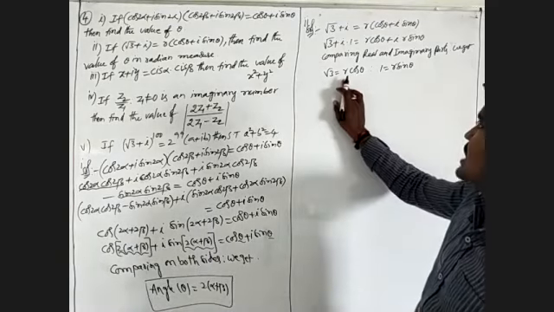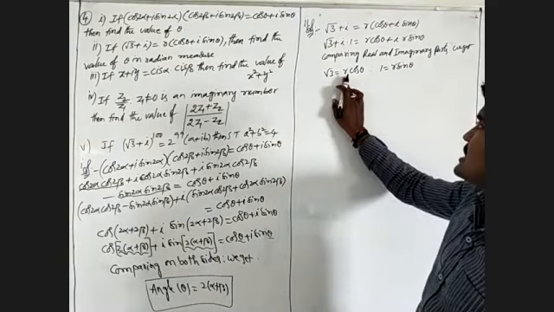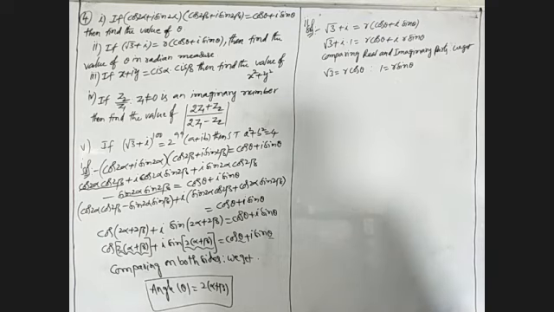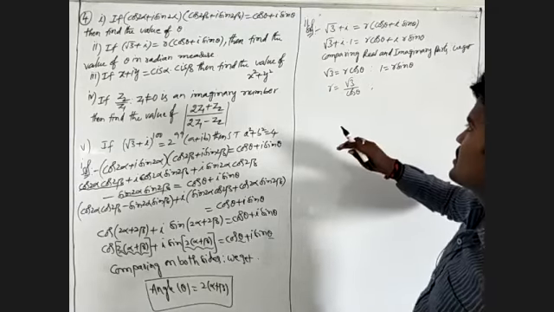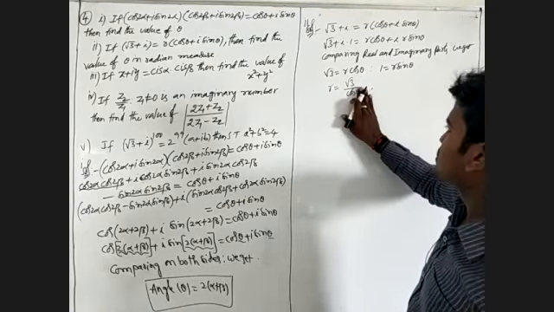Here r is √3 by cos θ, as well as r is 1 by sin θ. That means cos θ is √3 by r, and sin θ is 1 by r.